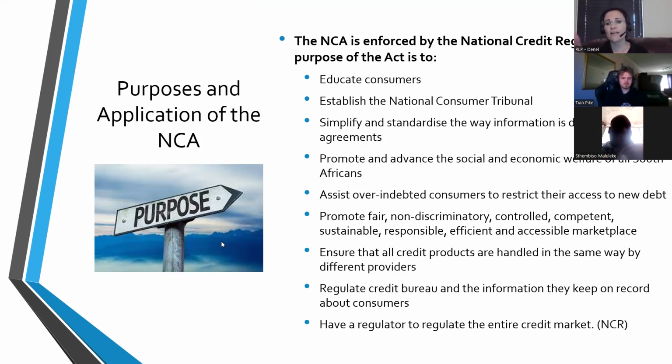Okay, or if they look at the economic welfare, let's take Mr. John again. Now, John actually can afford the credit that he applied for. So at the end of the month, he pays all of his bills, he pays the credit, but he still has money left. And because he's in a financial situation where he has money left, he decides to invest that money. By investing it, it has a direct impact on our economy because now our economy is growing because people are actually putting back into our country.